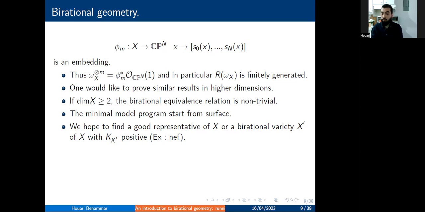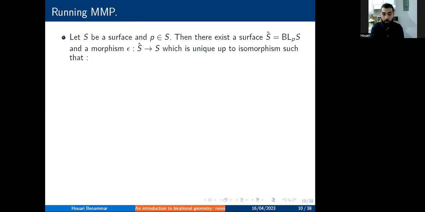So the idea is to find a good birational representative of the class which has beautiful properties, and we will study this. Okay, this is the goal. Okay, so let's discuss the case of surfaces, and after that we will talk about some advanced topics.